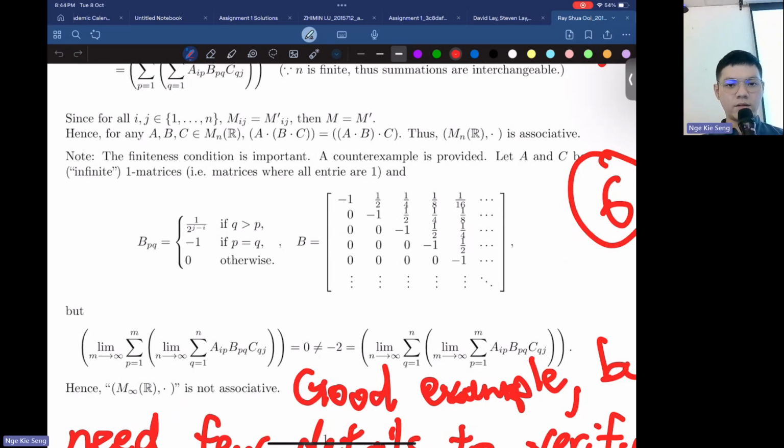Where is it? What's going on here? Okay, never mind. I think it's not updated in my file, but I can talk about it anyway.